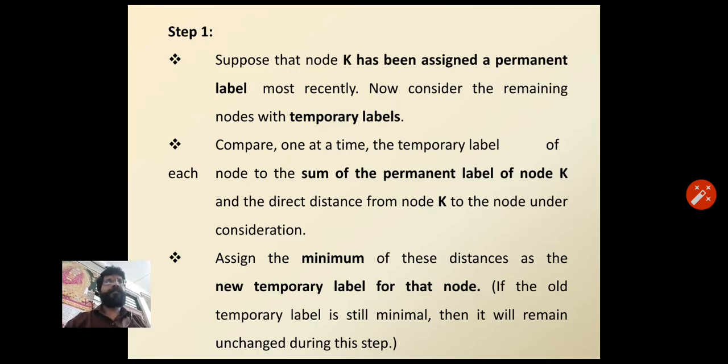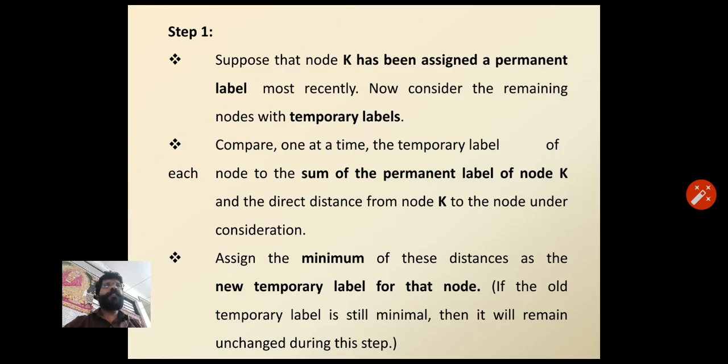Again, compare one at a time the temporary label of each node to the sum of the permanent label of node k and the direct distance from node k to the node under consideration.